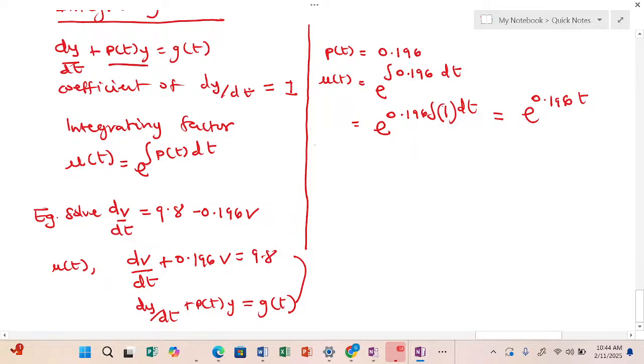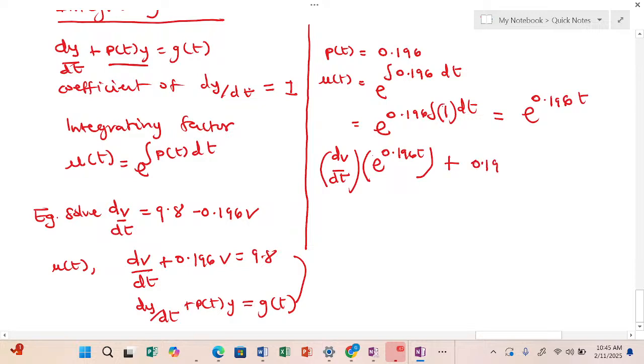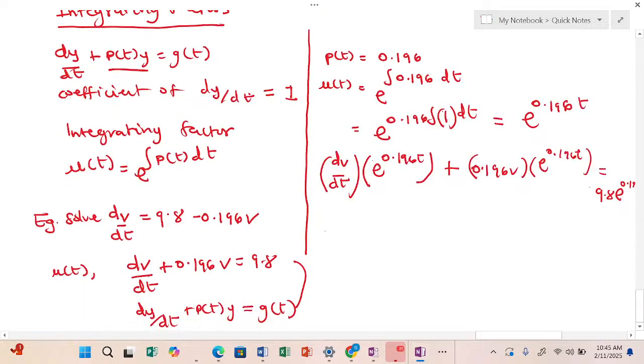So now we have the differential equation dv/dt multiplying the integrating factor e to the power 0.196 t, plus 0.196 v multiplying the integrating factor e to the power 0.196 t, should be equal to the right hand side, 9.8 times e to the power 0.196 t. So now here's something we should take note of.